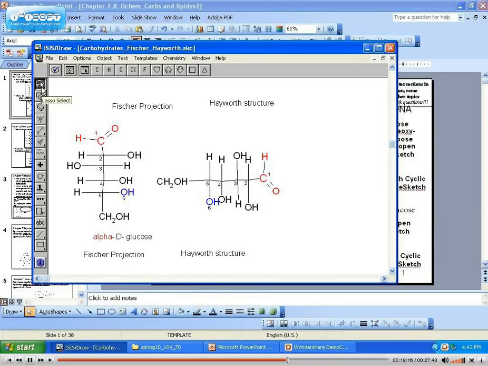Again, we're going to show you the positions. In this case, the tail is going to start to rotate around. In the Haworth structure, it's like line angle. The hydrogens are implied. So I'm just going to move those out of the way.